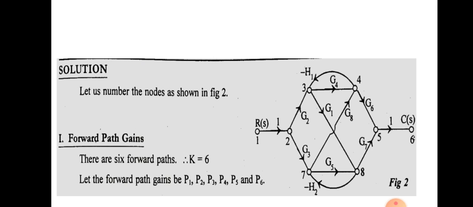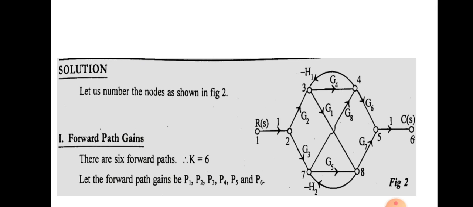So there are 8 nodes in this figure. The gains of each path are marked in the figure itself: 1, G1, G2, G3, G4, G5, G6, G7, G8, etc. These are the gains.